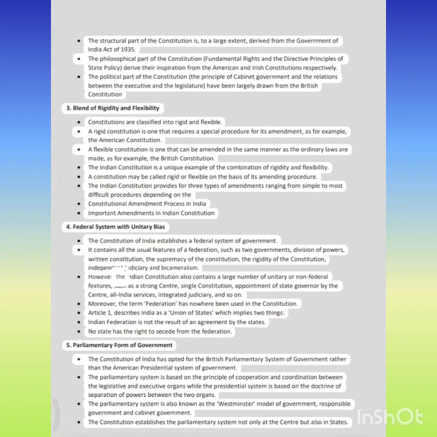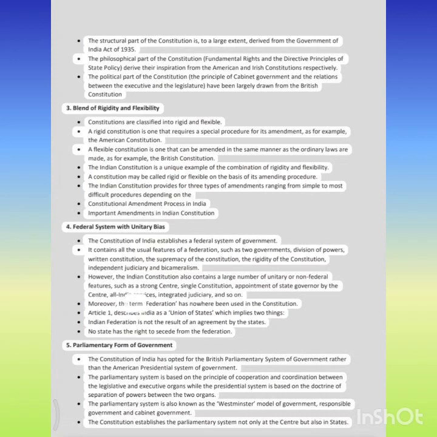However, the Indian Constitution also contains a large number of unitary or non-federal features, such as a strong center, single constitution, appointment of state governor by the center, all India services, integrated judiciary, and so on.